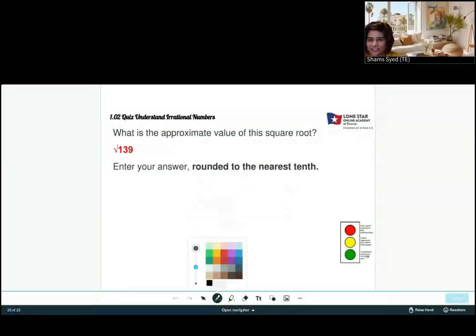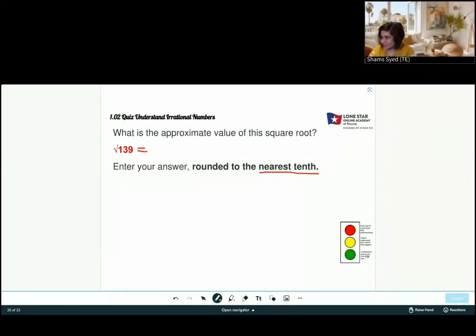Go find the square root of 139. Let's see who's going to be the first three people to give me the answer for the square root of 139. We want the answer closest to the nearest tenth, so give me two decimal places.